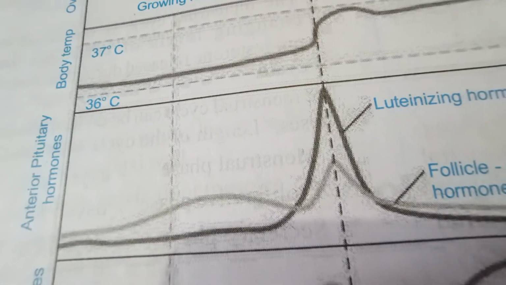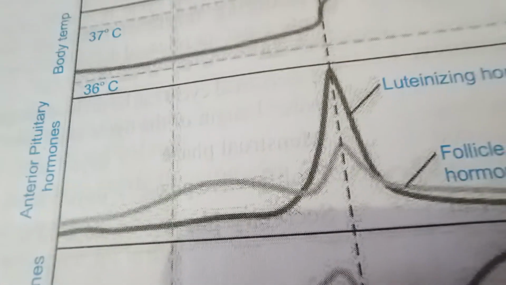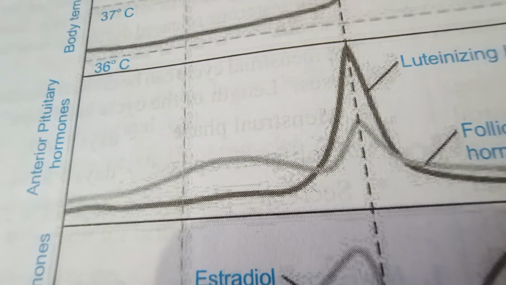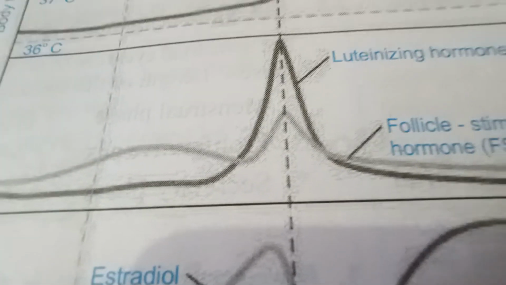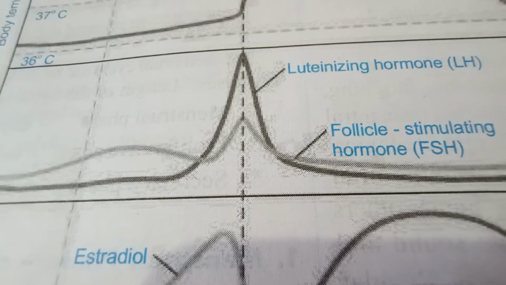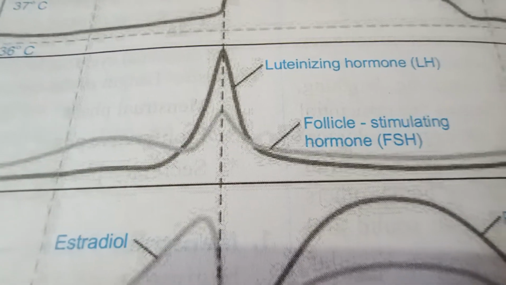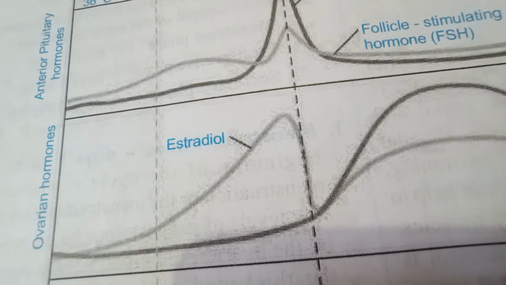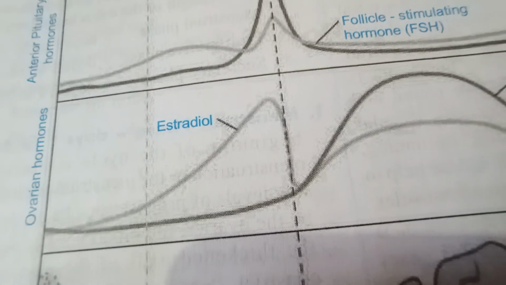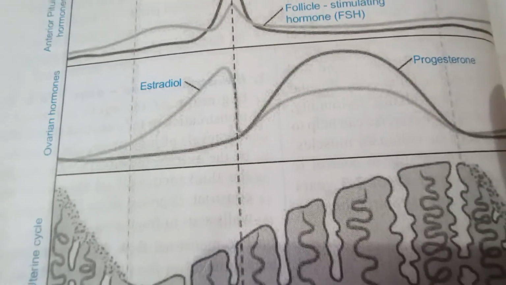Next is the anterior pituitary hormone, based on 2 hormones: mainly the pituitary releases LH and follicle stimulating hormone. The next is the ovarian hormones, that is estradiol and progesterone.